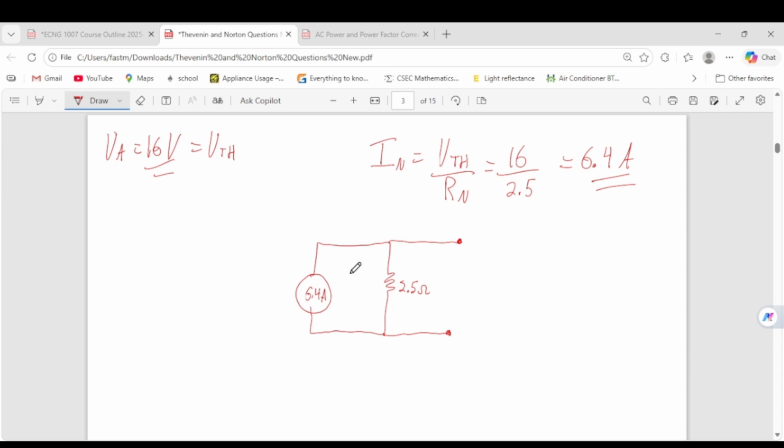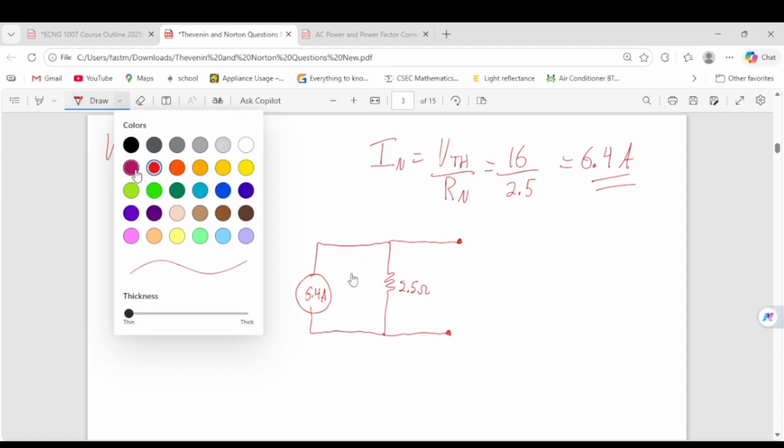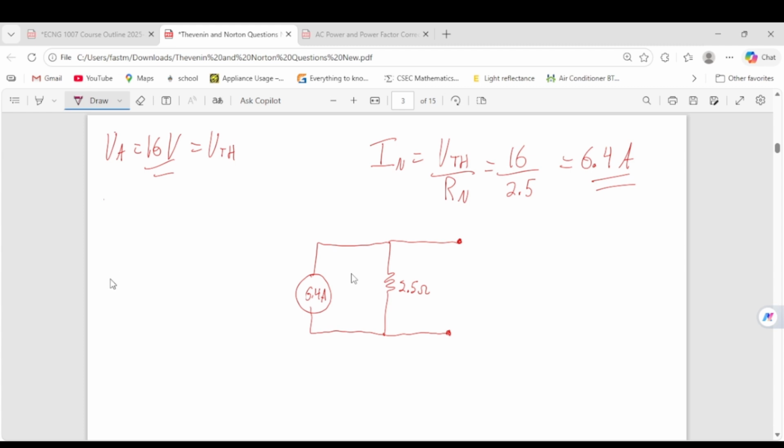And actually, from this, you already have two of them because we just got the V Thevenin. So if you wanted the Thevenin equivalent circuit, it'll just be the VTH, which is 16, in series with the same 2.5, and with a load that will go across.